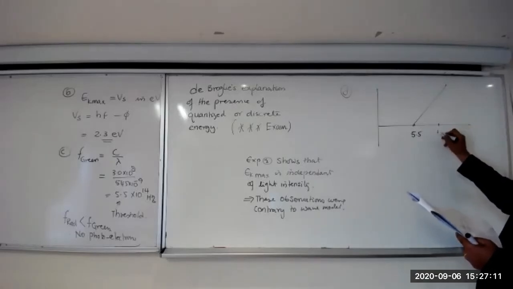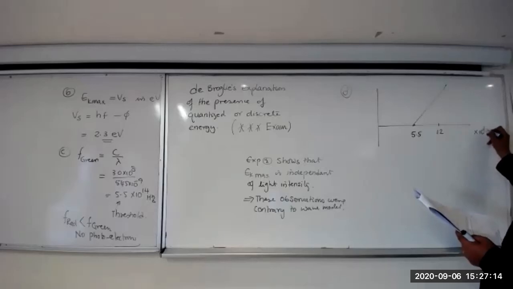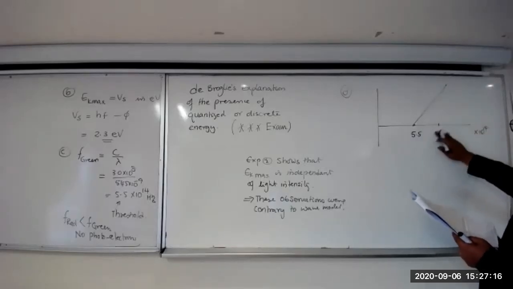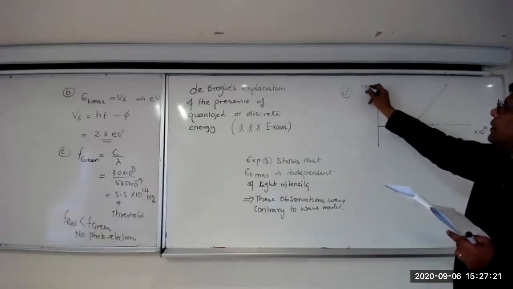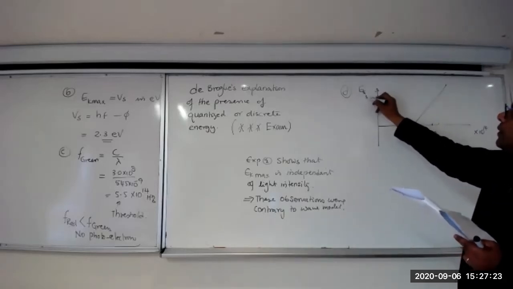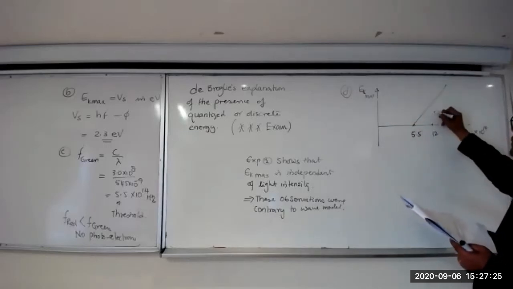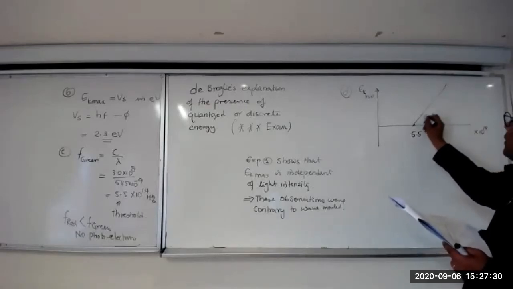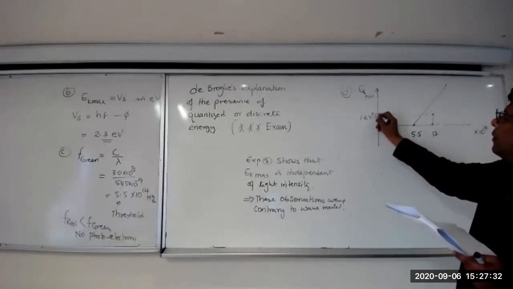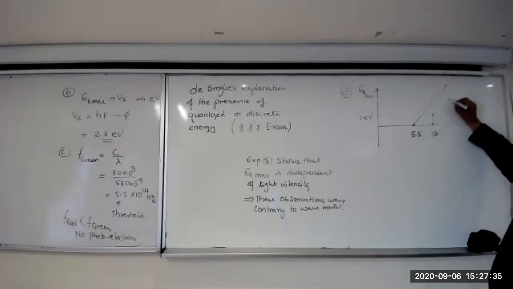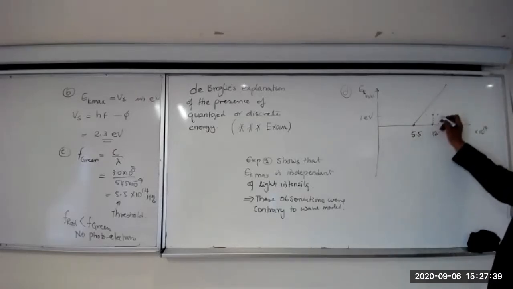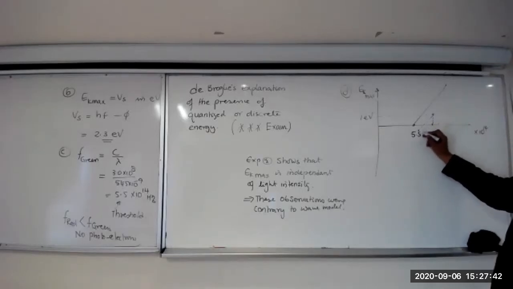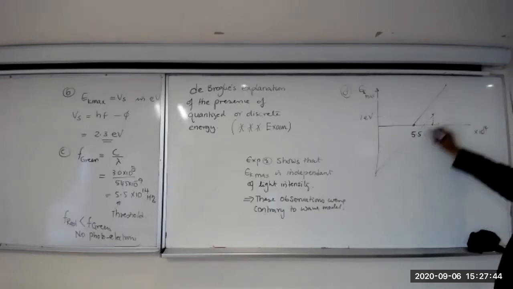If we shine at 12 times 10 to the power 14, they say the EK max or stopping voltage is 1, somewhere there. So it's a matter of drawing a parallel line, but for a safe device, you can pick another point if you want. If you can find the work function, it's easy to draw that line.